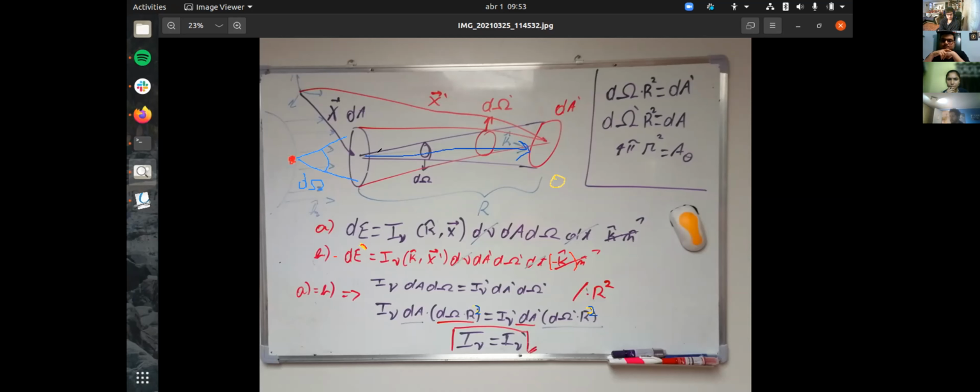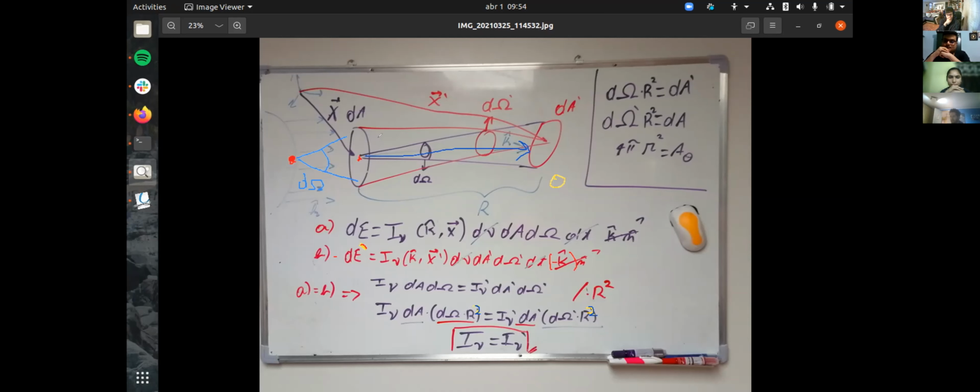Some of these rays are the ones that are going to cross dA prime. And so the original solid angle d omega, that one, Felipe, thank you, is defined with an origin on dA. So that's important to understand.